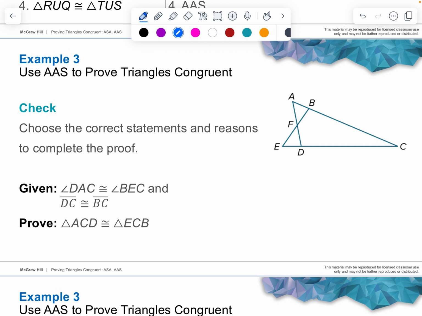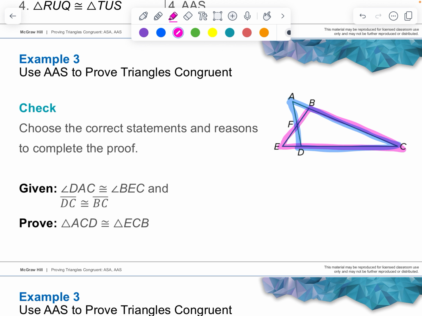DAC is, and this one's tricky because this is overlapping triangles, okay? We've got ACD is congruent to ECB, okay?